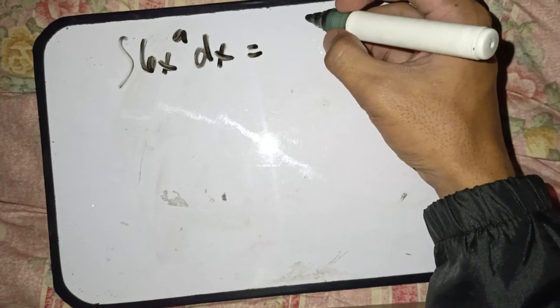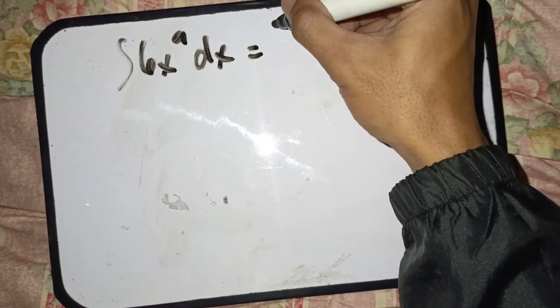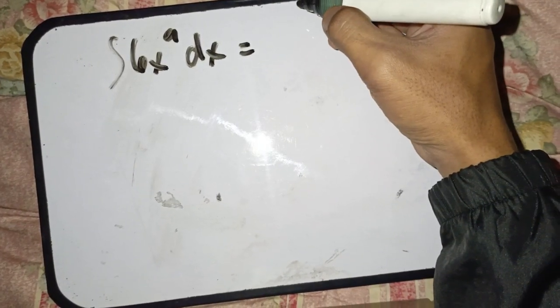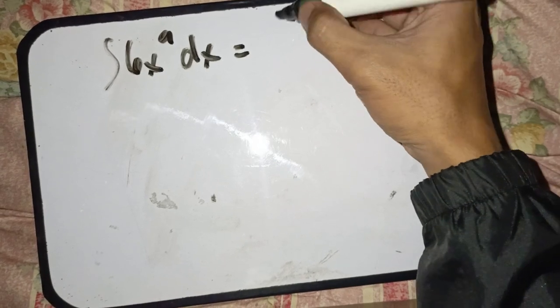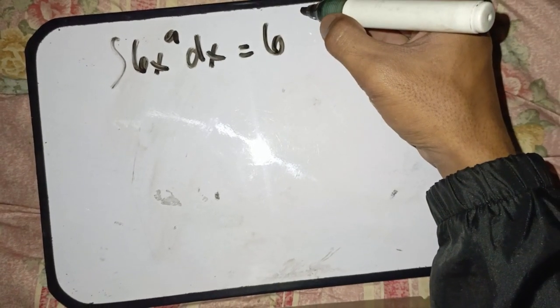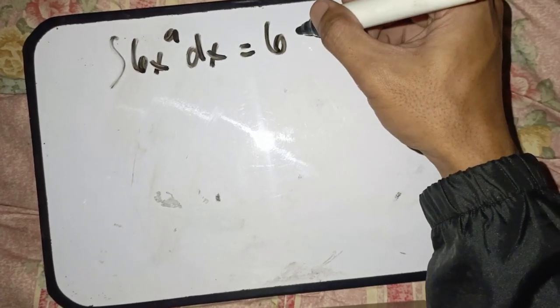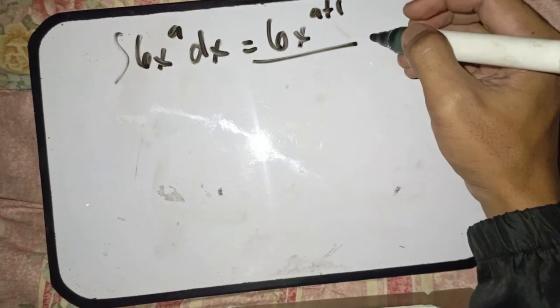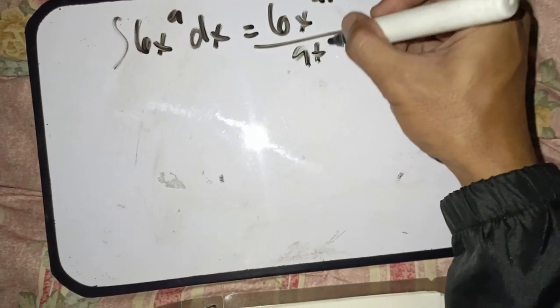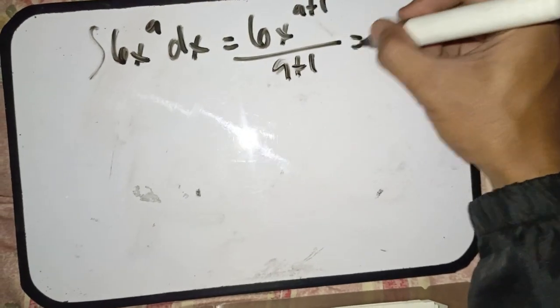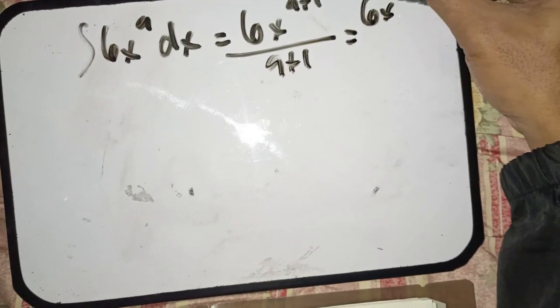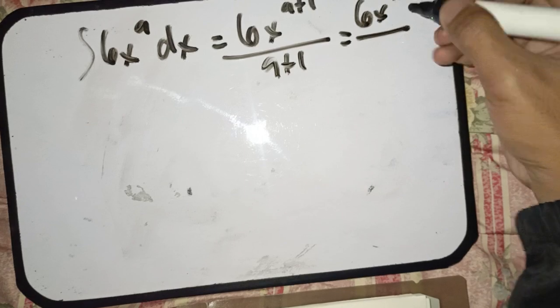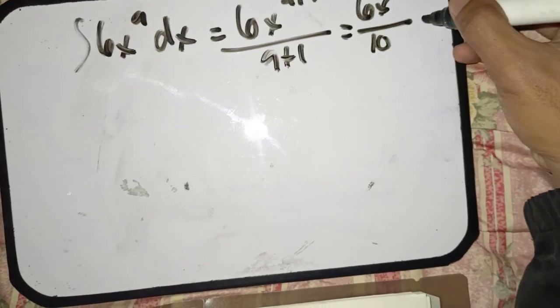The 6 stays, and x^9 becomes x^(9 plus 1) over 9 plus 1, which is 6x raised to 10 over 10, plus c.